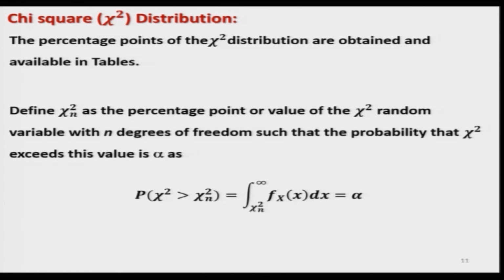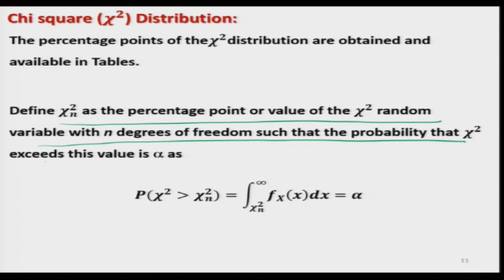So, we define chi-square n as the percentage point, or the value of the chi-square random variable with n degrees of freedom, such that the probability that chi-square exceeds this value is alpha, some probability value.